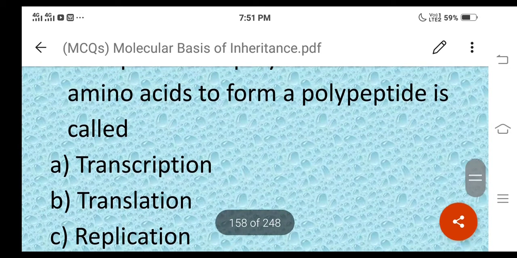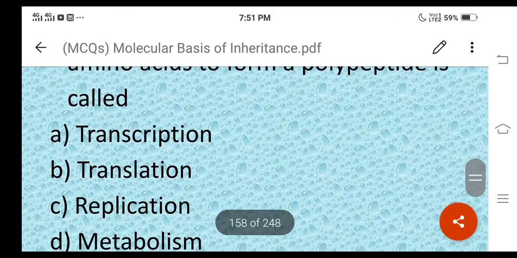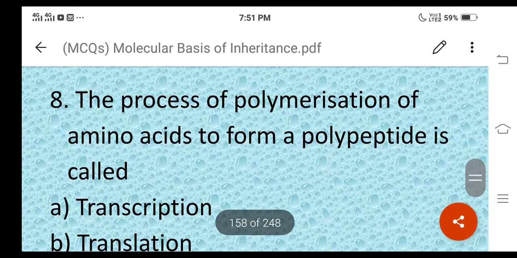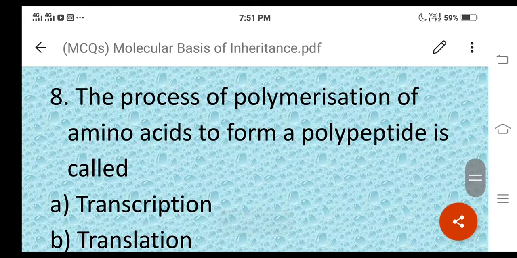Here the given statement is the definition of translation. Option B is the correct answer. The process of polymerization of amino acids to form a polypeptide is called translation.